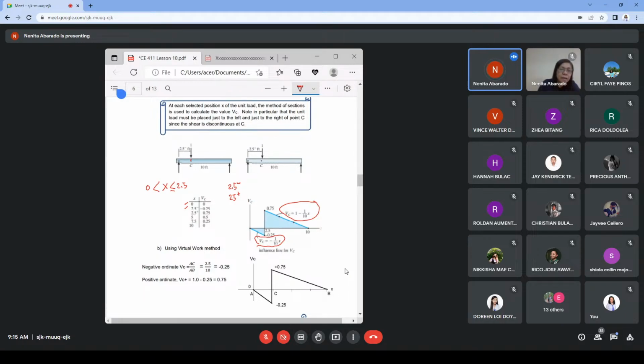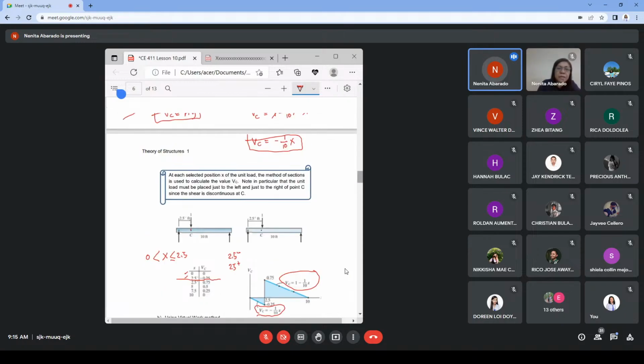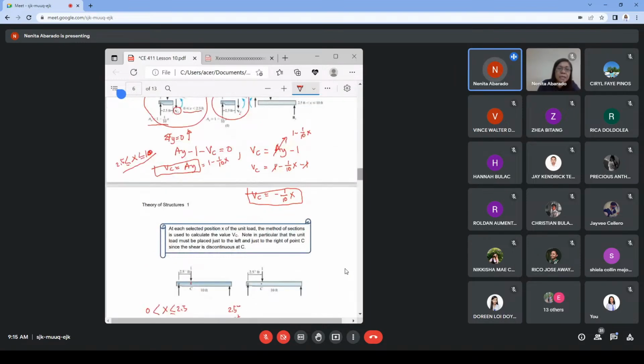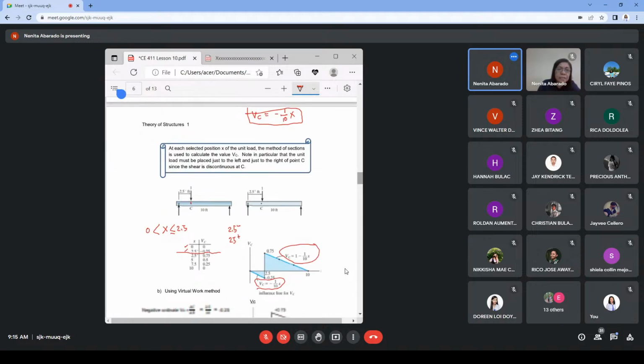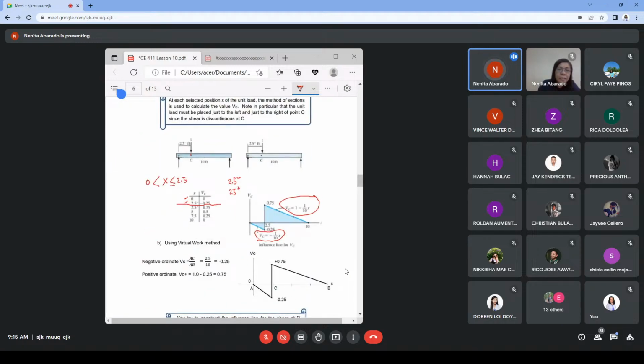So we will substitute the value of x into the equations for B sub C: negative 1 over 10x, and another B sub C, 1 minus 1 over 10x.